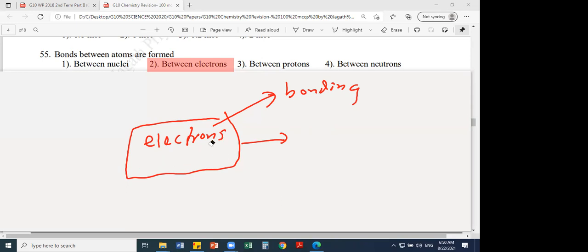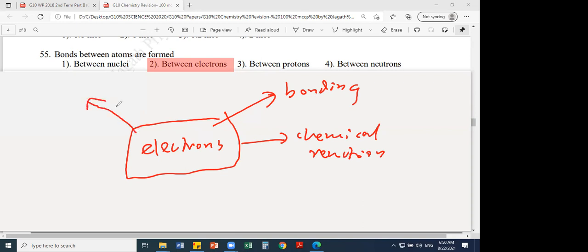The importance of electrons: bonding, then chemical reactions, then electrical conductivity, and valency. For all these, electrons are important.